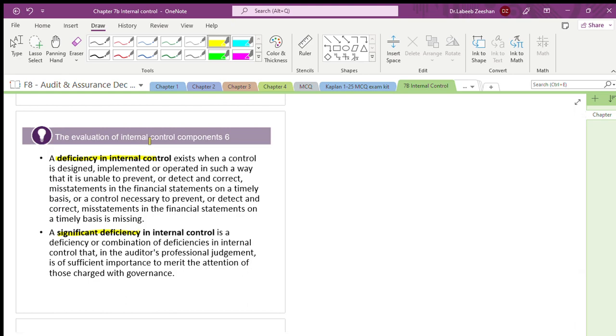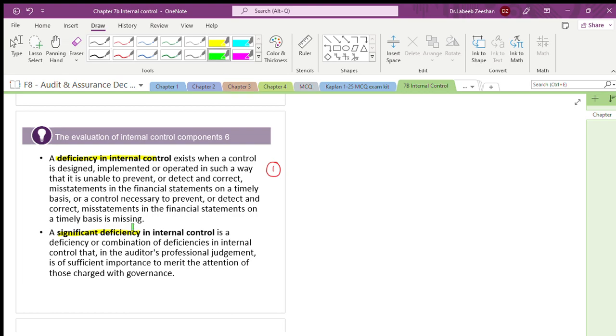A deficiency in internal control is when you have only one deficiency. One exists when a control is designed, implemented or operated in such a way that it is unable to prevent, detect or correct material misstatements on a timely basis. Deficiency is only one.